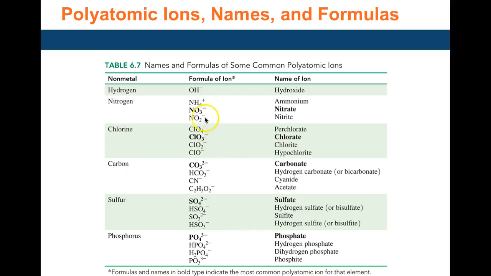And if you look at the way they're named, so these are nitrogen and oxygen compounds. So the more number of oxygens is given the name nitrate. The less oxygen is nitrite, all right? They both, nitrite and nitrate, have the same charges, but one has one more oxygen compared to the other.